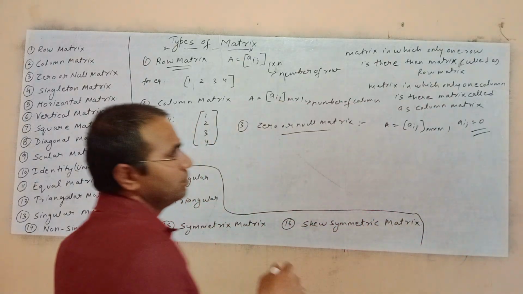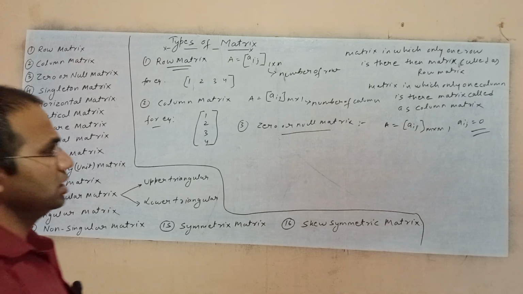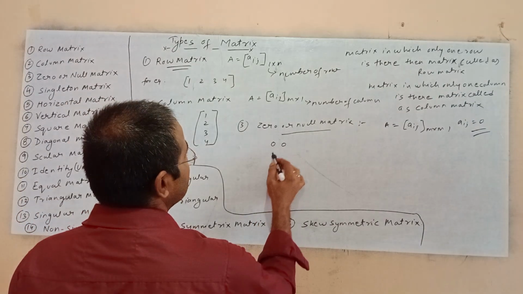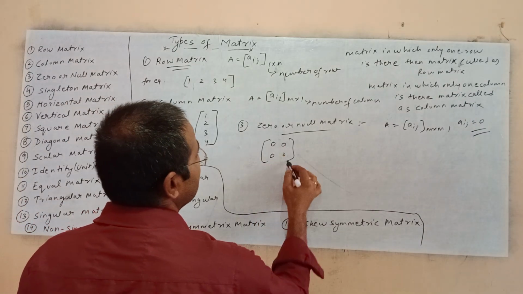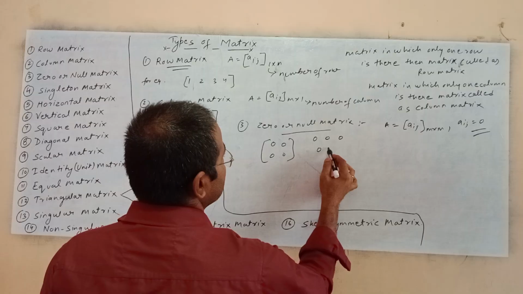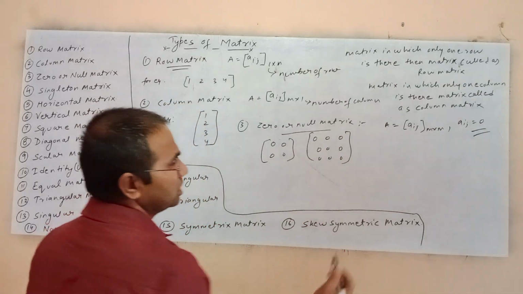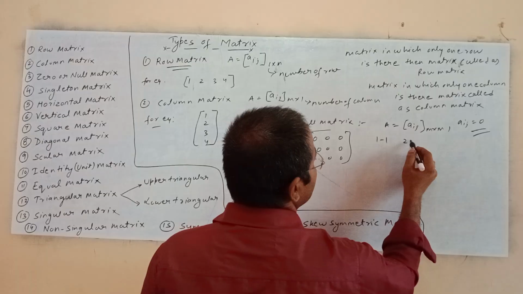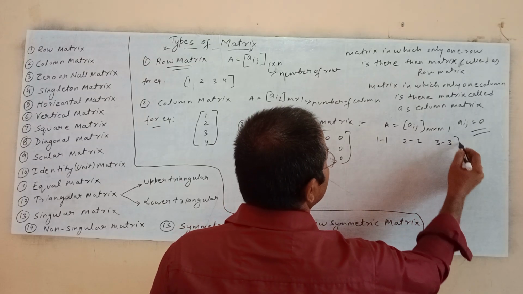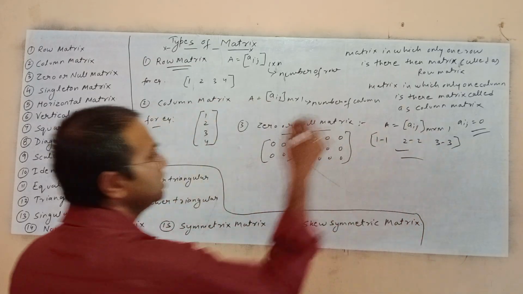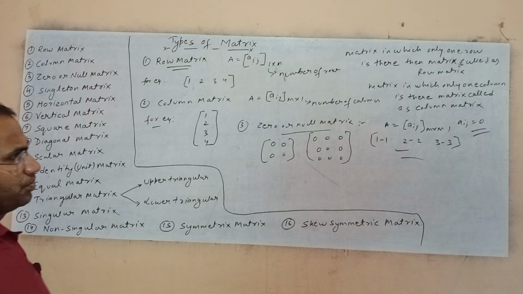If each element of a matrix is 0, then it is called a null matrix. It can be written as 0 0 0, for example 0 0 0 0 0 0. Suppose you write 1 minus 1 2 minus 2 3 minus 3, this is not a zero or null matrix.